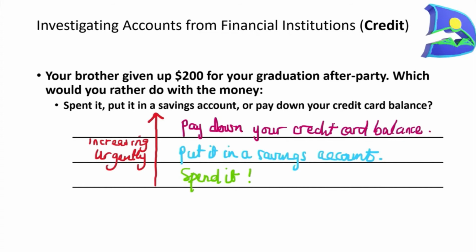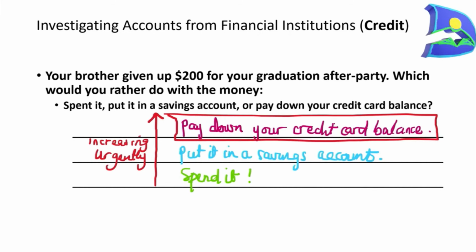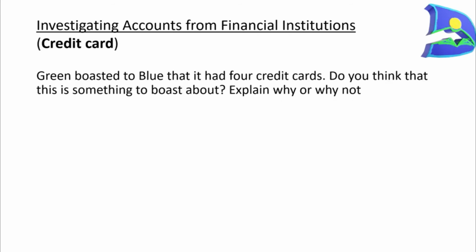So the top priority is credit card, the second priority is savings account, and the last priority is spending. This is a little summary on how you should focus your mind on spending money or offsetting all debt.